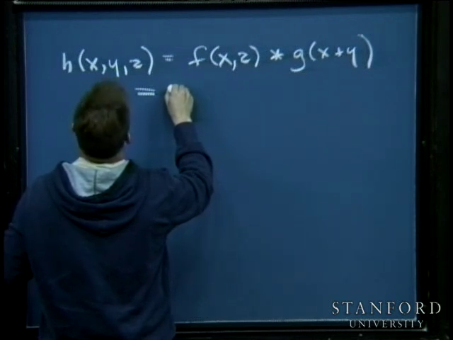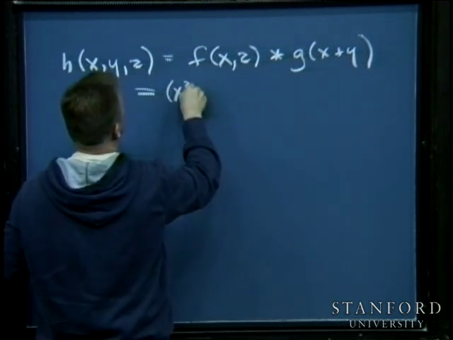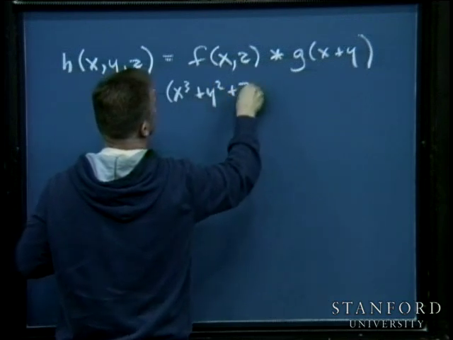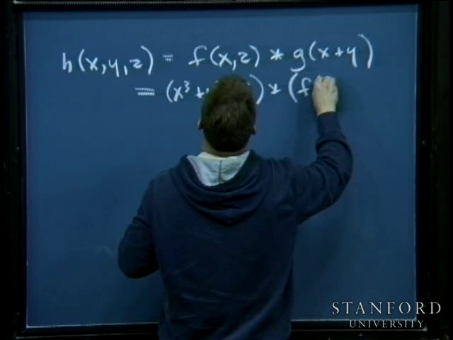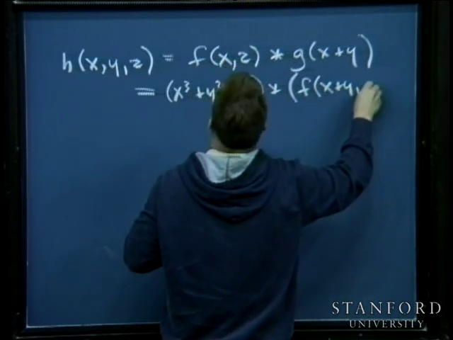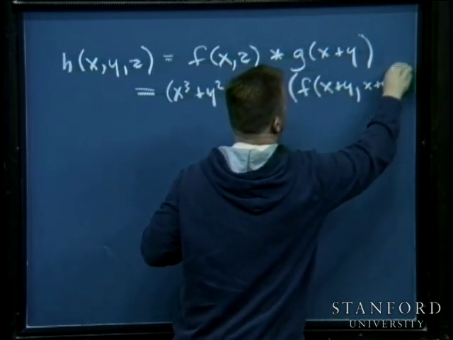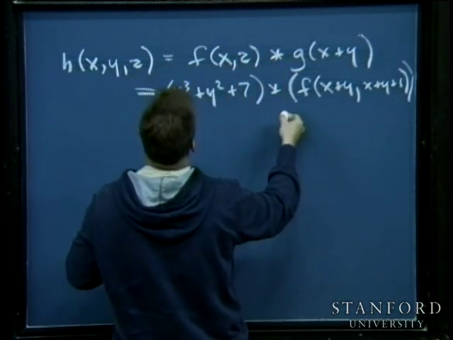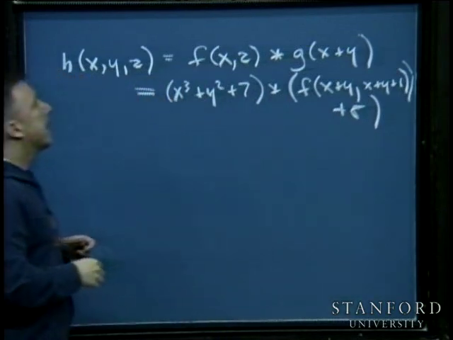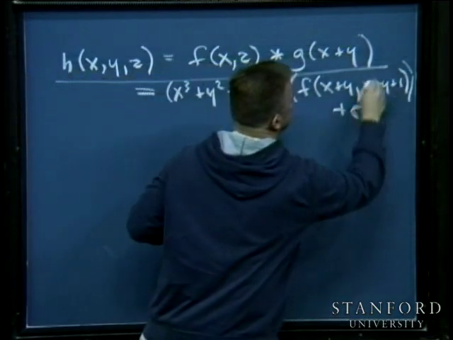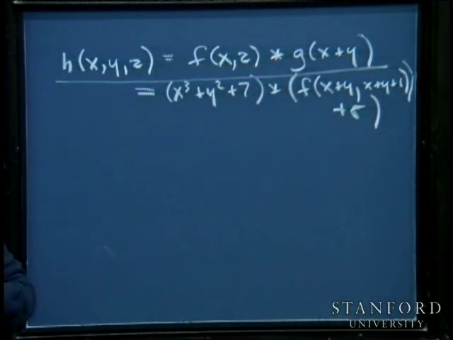Is equal to x cubed plus y squared plus 7 times f of x plus y plus 1, and that's plus 8. Okay, but you would actually write it this way and really expect f and g as functions to themselves return values that contribute to the synthesis of a larger result. Does that make sense to people?